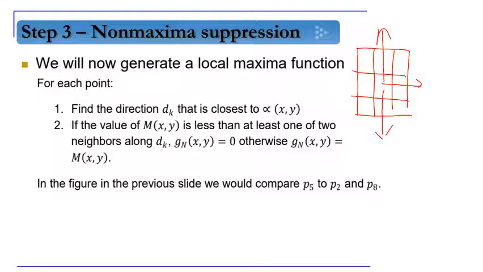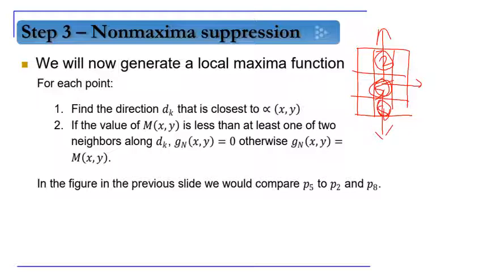So this value Mxy, which is present here at the center, will be compared with 2 pixels. Now which 2 pixels? In the edge normal direction. That means this particular pixel will be compared with this pixel and this pixel. So in the previous example, in the previous slide that we have seen, if this is the P5 pixel, it will be compared with pixel 2 and pixel 8.